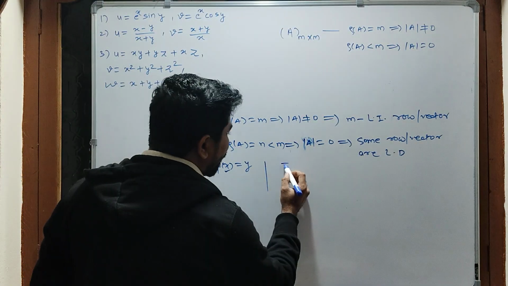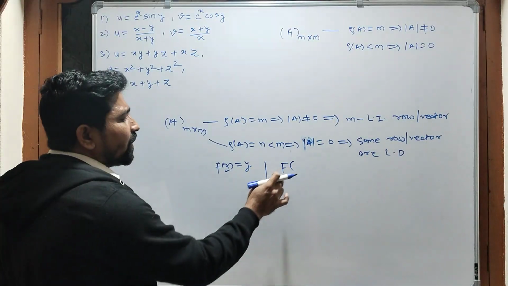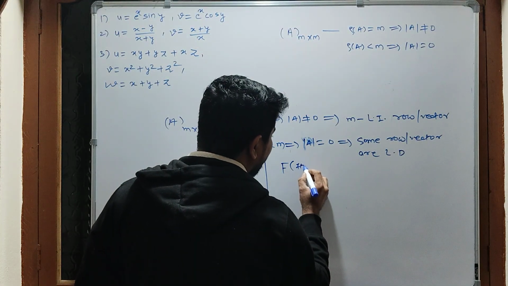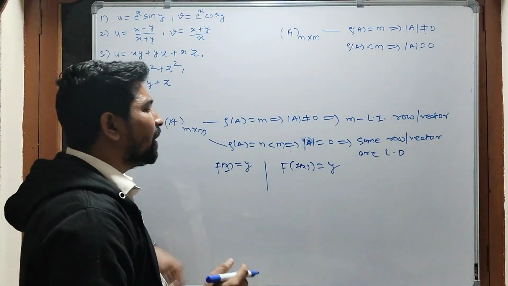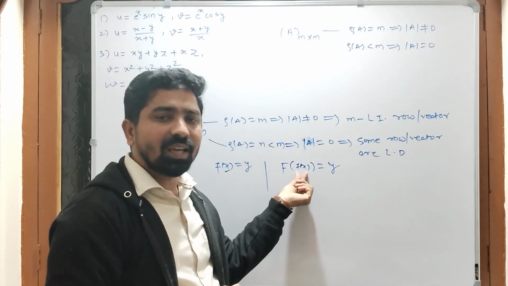Here in a function, whatever input you are using, this is again one function. So let's say f of x equal to something, and let's say I am defining y. So a functional is a function whose input is again a function.